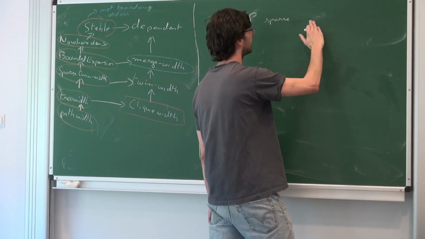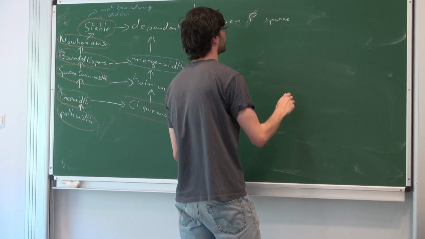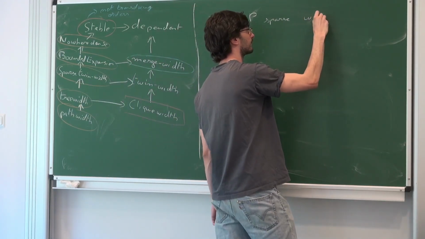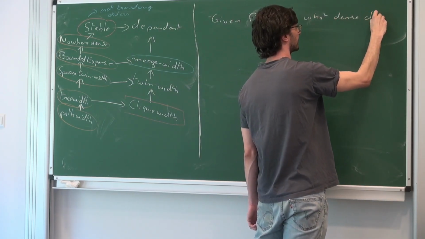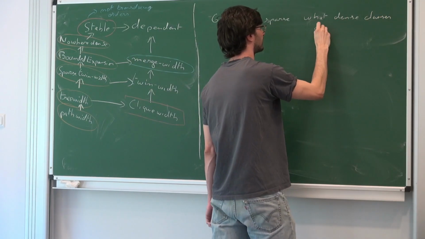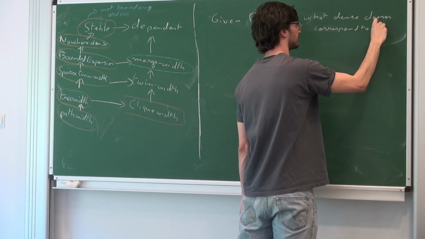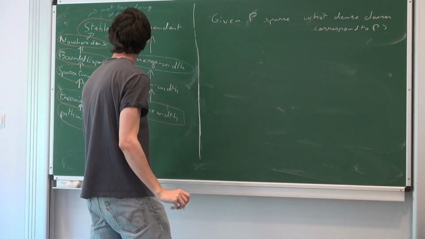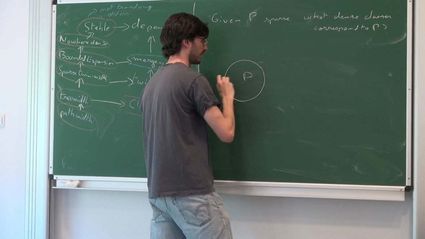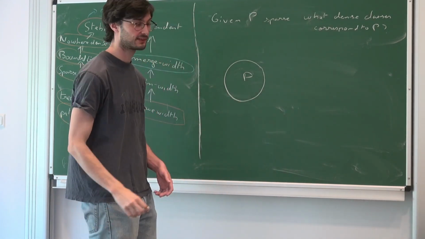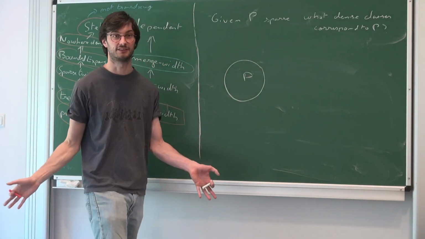What are the dense classes that correspond to P? We take the property P, and what we can do is obviously close P by transduction.